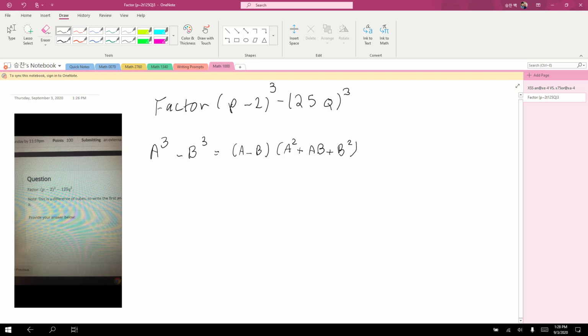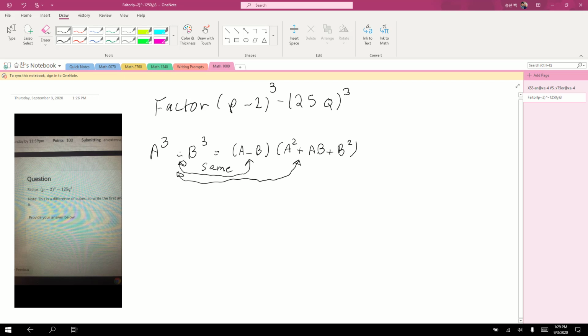And remember that one of the ways to remember this, if you haven't heard of this before, is that these signs right here will always be the same. So those are both the same sign, negative in this case. And then these two signs will be the opposite of each other.